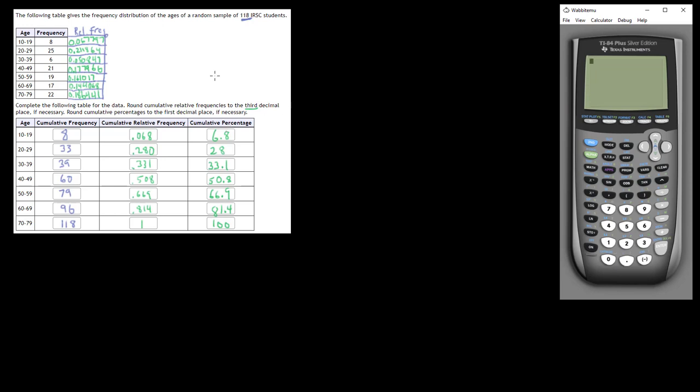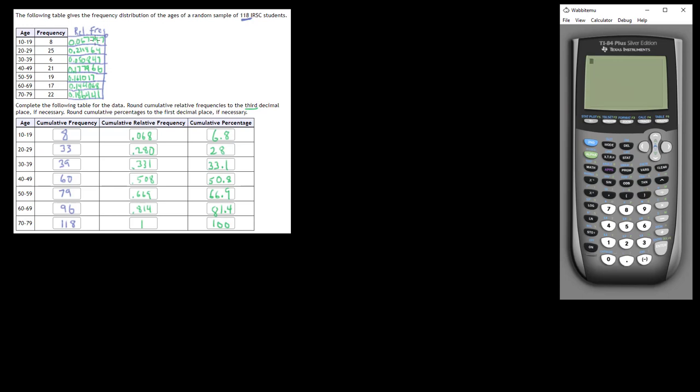Okay, just to summarize, we did cumulative frequencies, which is just a running total of your frequencies from top to bottom, from the first class to the last class. And then for cumulative relative frequencies, we did have to calculate the relative frequencies first. Be careful with your rounding.